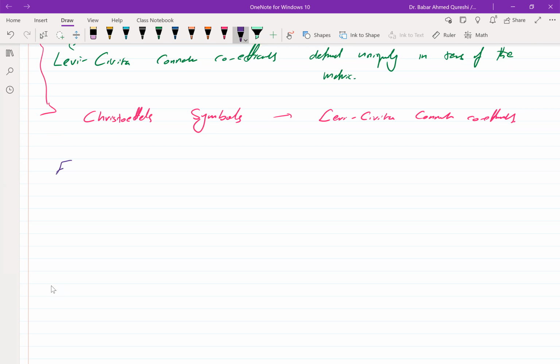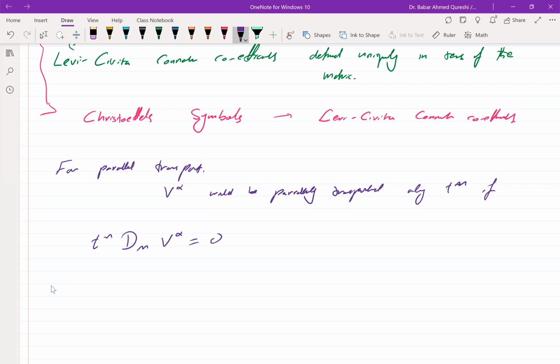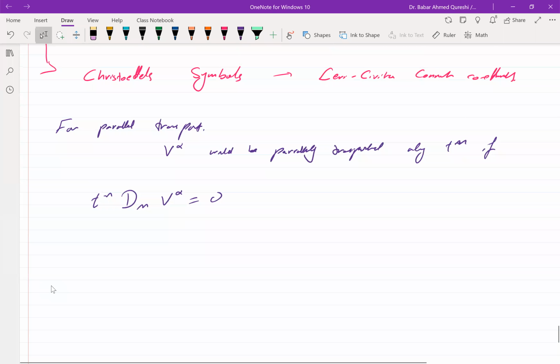Now for parallel transport, once you have agreed that these are the coefficients which we will use, a vector field V alpha would be parallelly transported along T mu if this is true. If I open it up, it looks like this.